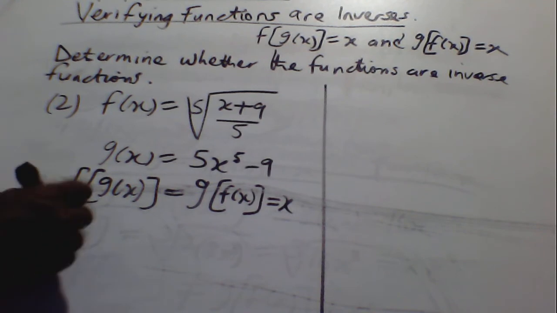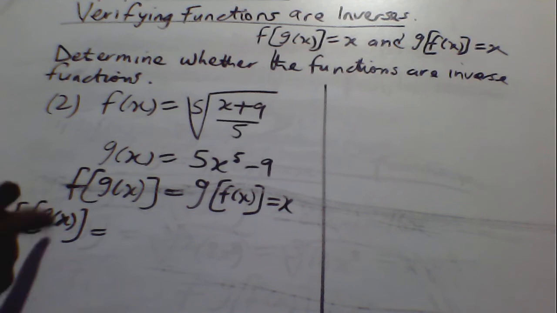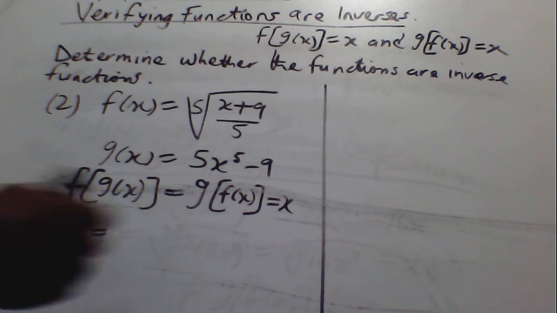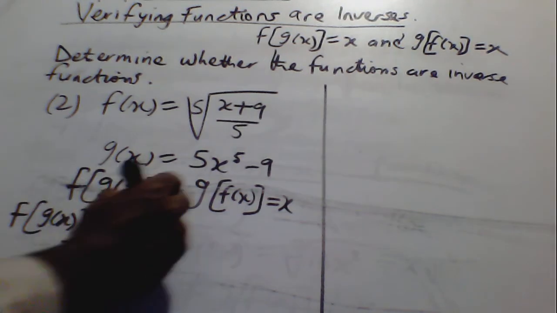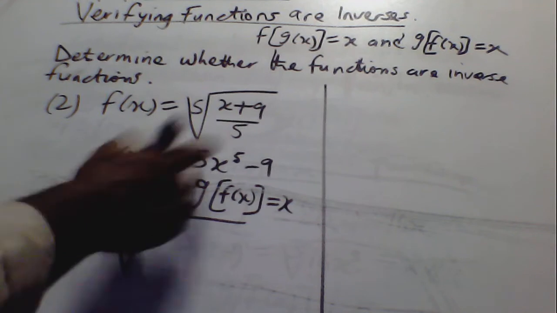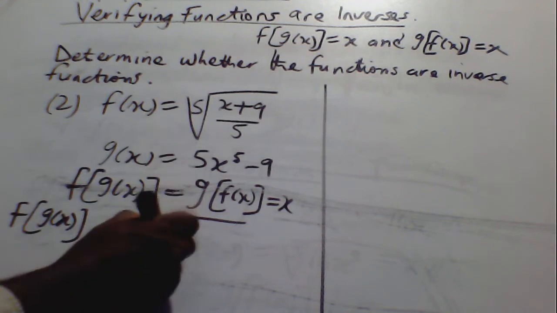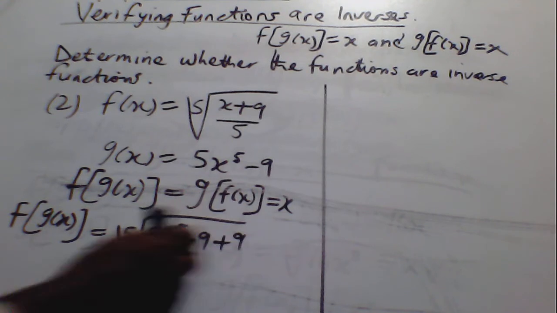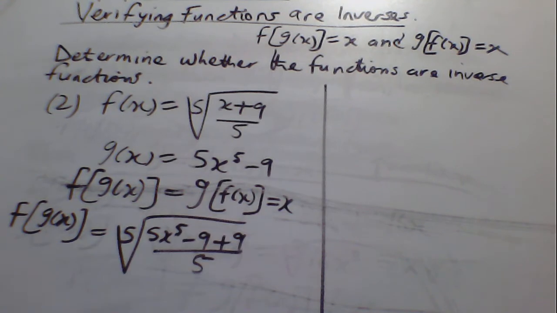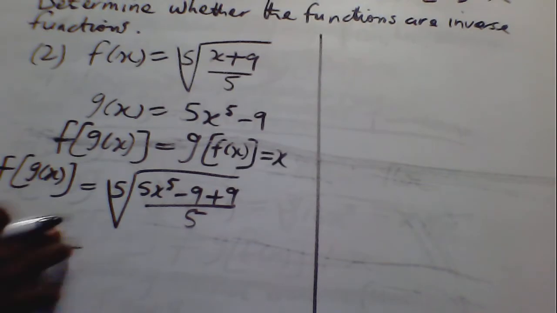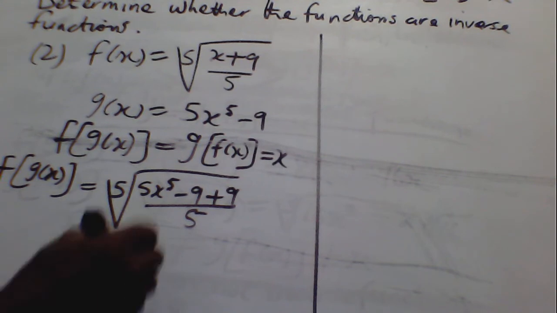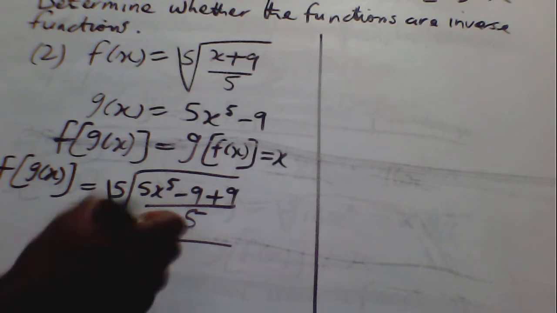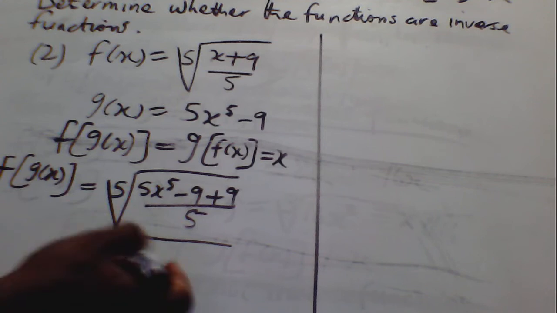f of g of x: take whatever g is and put it in the x of f. So in this case we have the 5th root, where x is, you put 5x raised to power 5 minus 9, plus 9, divided by 5. So this is equal to the 5th root of minus 9 plus 9, which is equal to 0.